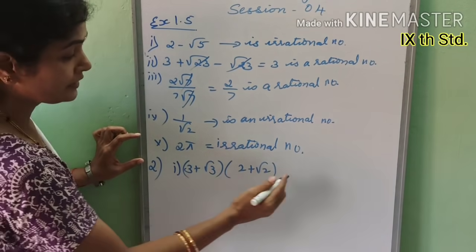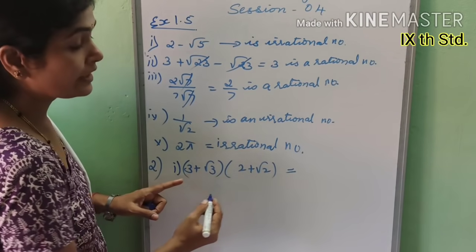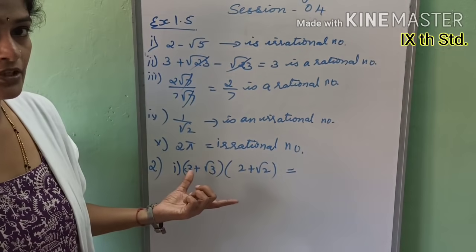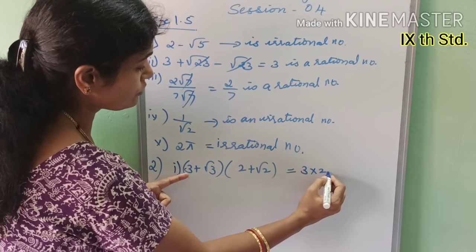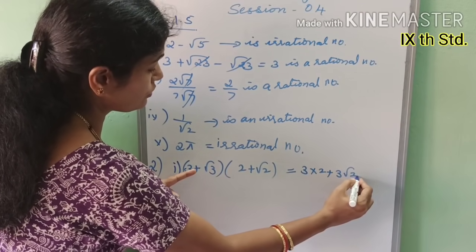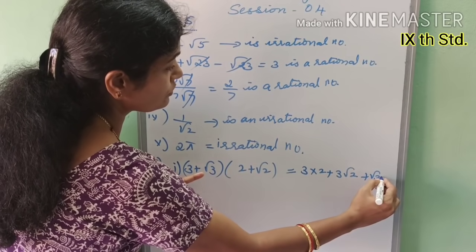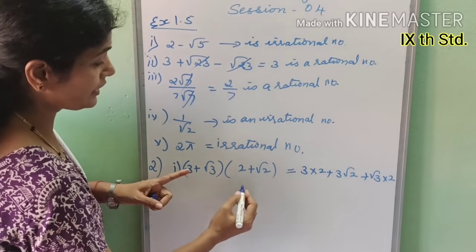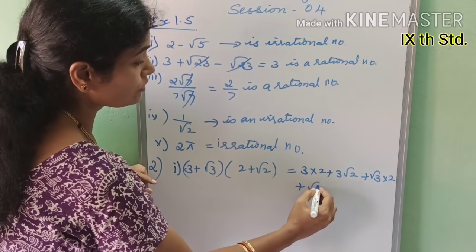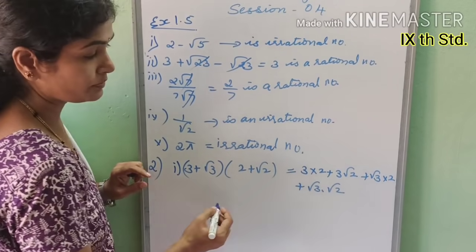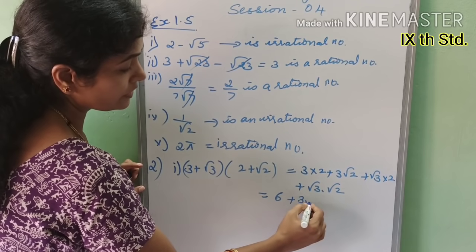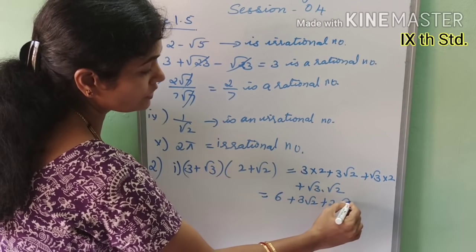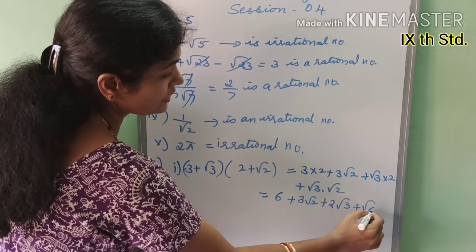Like how usually we were doing binomials multiplication, the same way this also. 3 into 2 plus 3 into root 2 plus root 3 into 2, right? Plus root 3 into root 2. So this will be leading to 3 into 2 is 6 plus 3 root 2 plus 2 root 3 plus root 6.